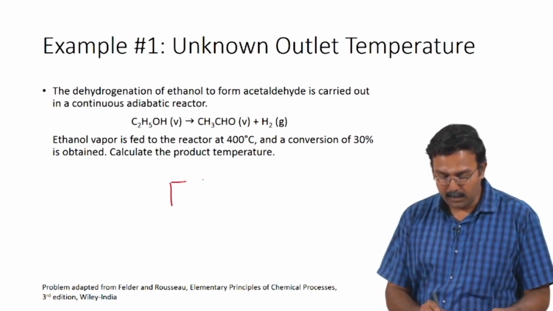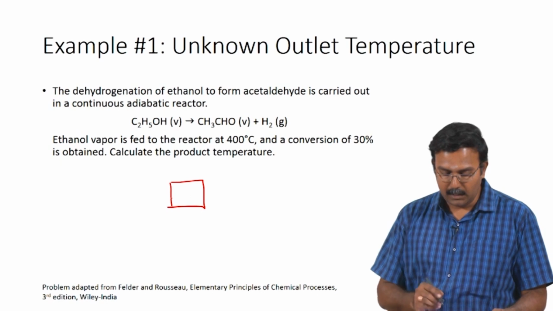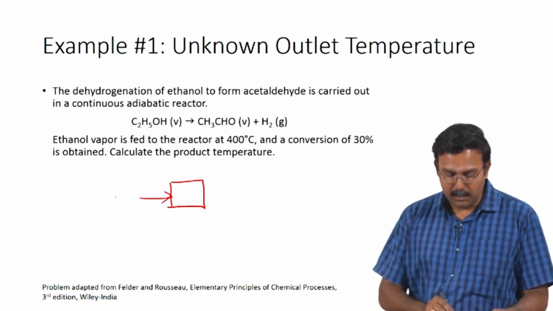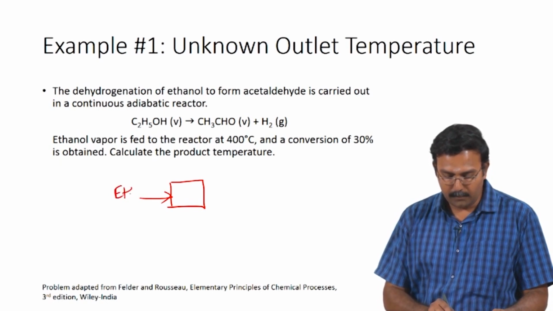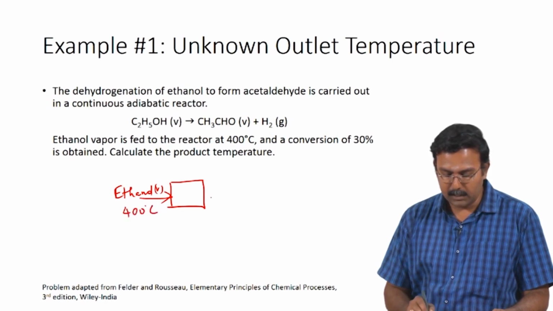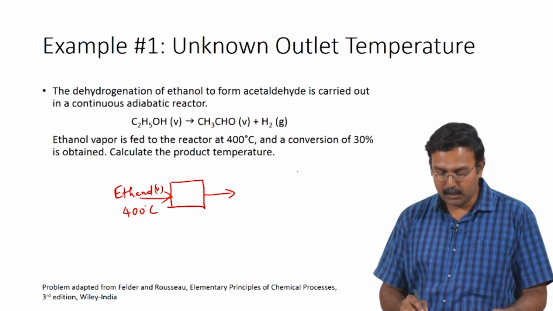So, what you have is a reactor where the dehydrogenation of ethanol is taking place. So, let us assume that the inlet is only ethanol. So, you have ethanol vapor and it has been given that it is coming in at a temperature of 400 degrees Celsius, and you would have a product stream which would have unreacted ethanol.